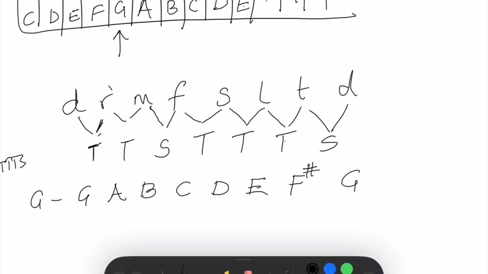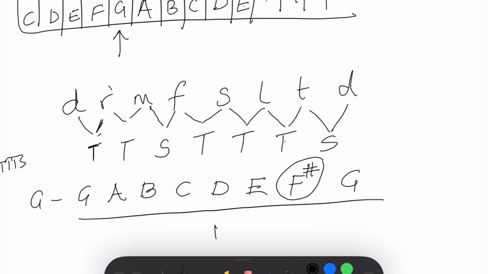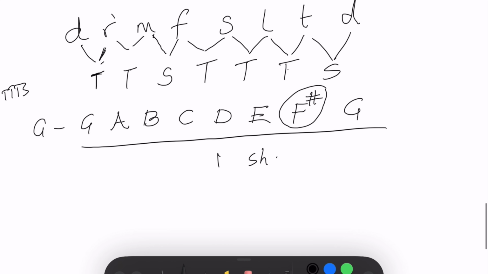Now, in looking at this, we can immediately see that one note out of all the notes for G is sharpened, which is F. So in this key of G, one note is sharpened, and that's why one sharp is G major.